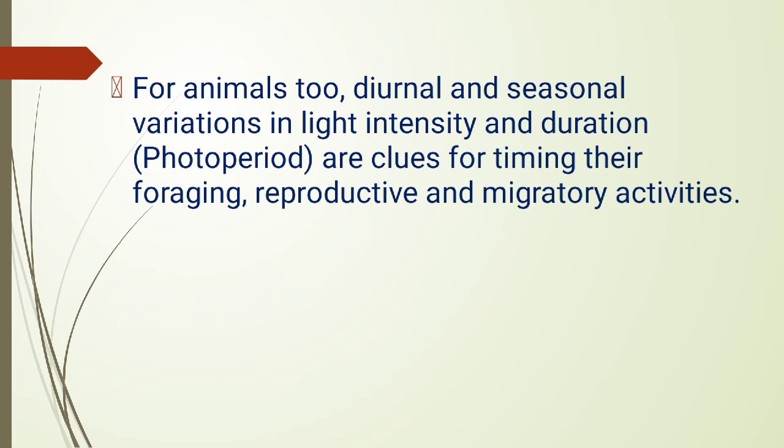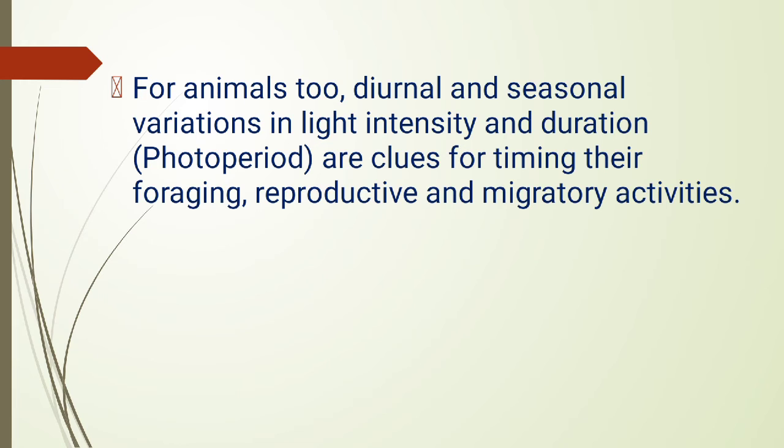Day neutral plants are plants which are not affected by short duration of light or long duration of light. They grow in any conditions. So in this way, photoperiod is important in plants for the flowering period.